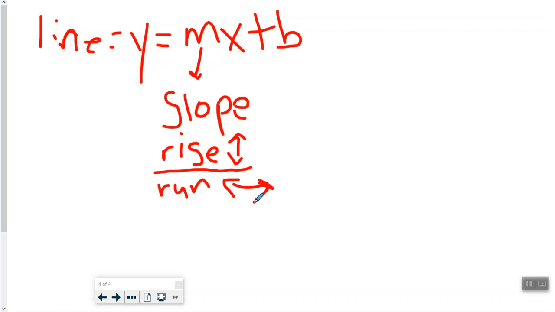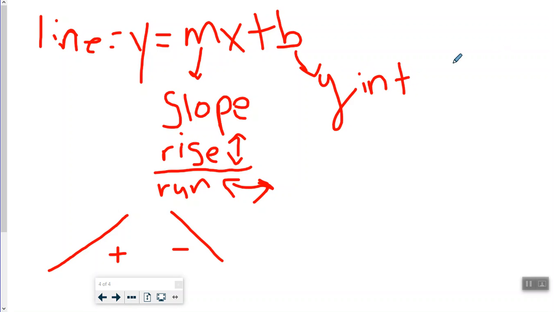And then remember, if a line looks like this, it's a positive slope. If a line looks like this, it's a negative slope. And then b is called the y-intercept. That means, when does a line cross the y-axis? Okay, this is the y-axis, this is the x-axis. So the y-intercept would be whatever that number is, okay?